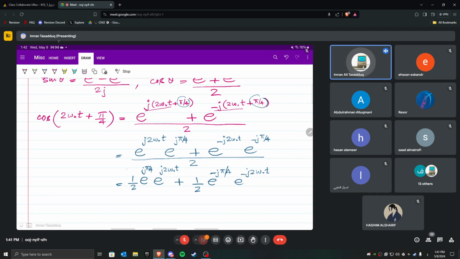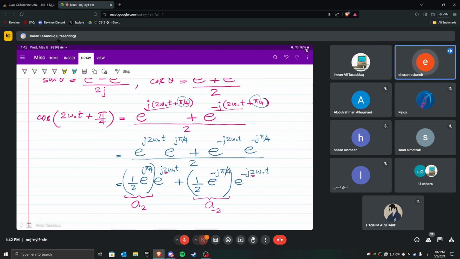So then I can say that, for example, this is like this and this is like this. So that means this guy is a 2 because of this 2, and this guy is a minus 2 because of this minus 2. Now tell me, is it clear? Yes, doc. All right. Any questions before I move forward?